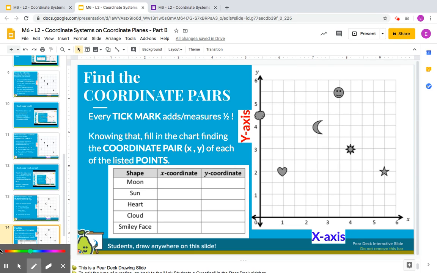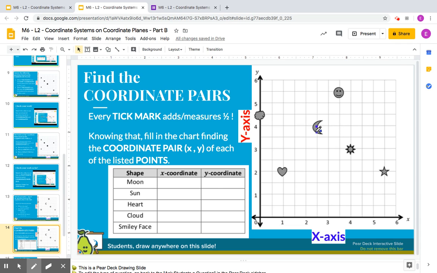So first we have our moon. Let's find our moon. Our moon is right here. I need to find its location, which means I need to find where it's located on the x-axis for its x-coordinate and the y-axis for its y-coordinate.